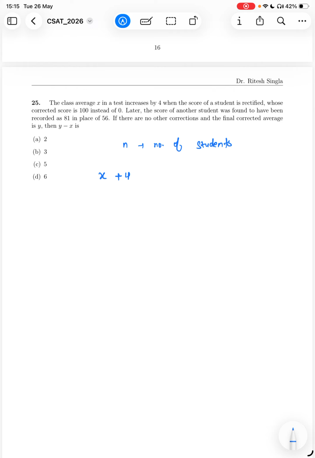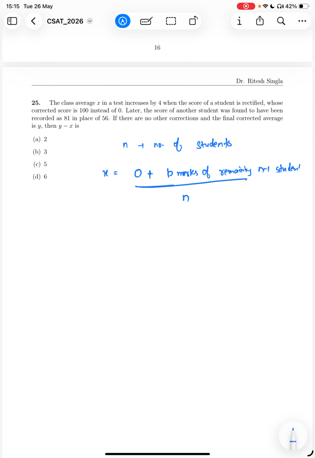So I do not know the class average, how will I calculate? But one thing is for sure, that one of the students, suppose the remaining students have p marks, which is already given, and that student initially had 0 marks. So basically, if I start with x, it is 0 marks of one student plus some p marks of the remaining n minus 1 students, upon the total number of students n, right?